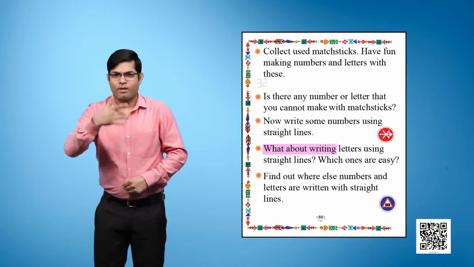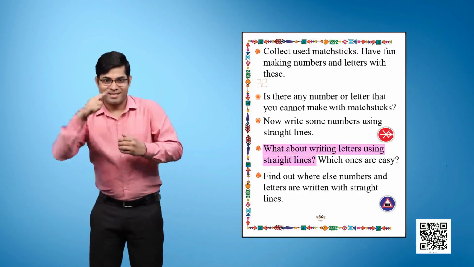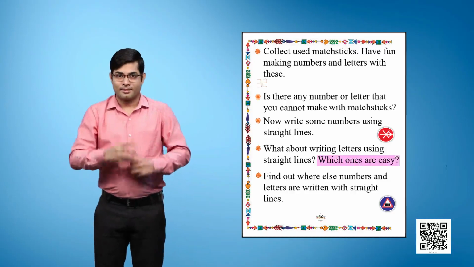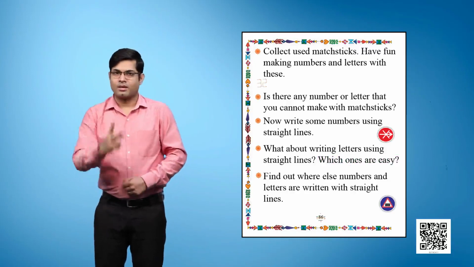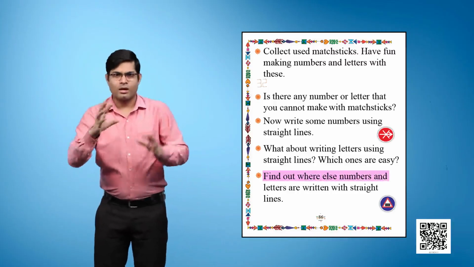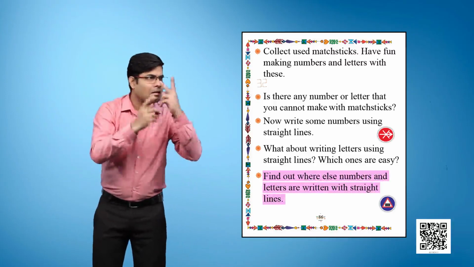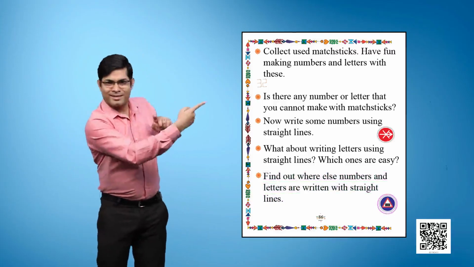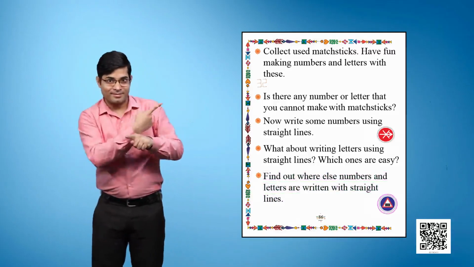What about writing letters using straight lines? Which ones are easy? Question 3. Find out where else numbers and letters are written with straight lines. At the right side of this question, there is a small picture of a circle with a triangle inside.